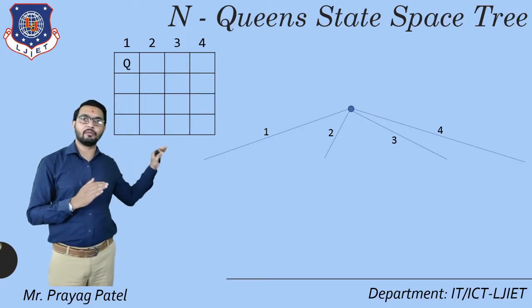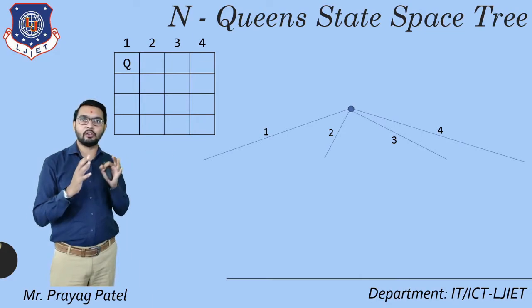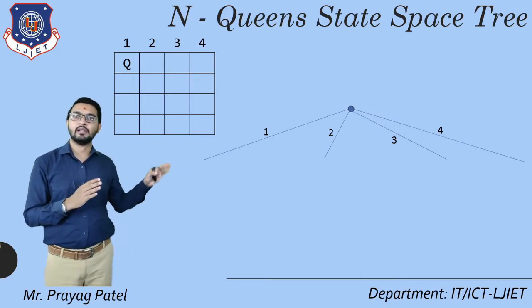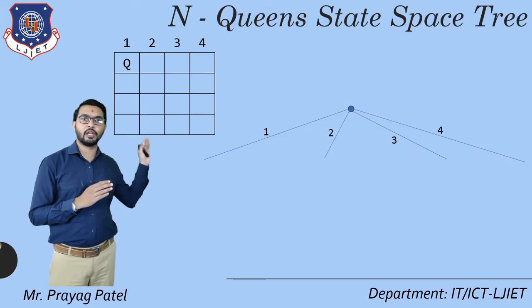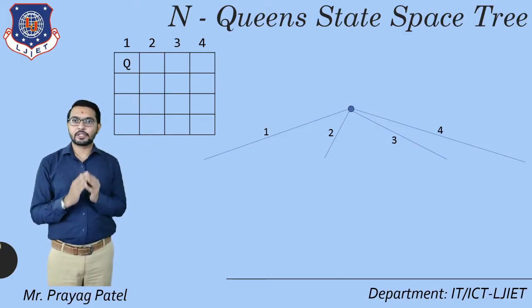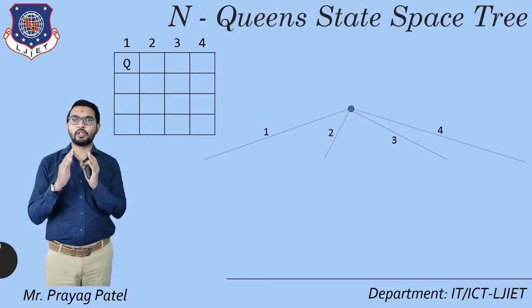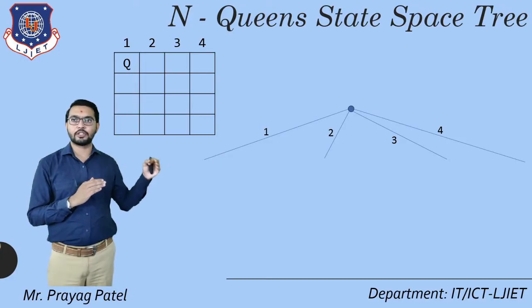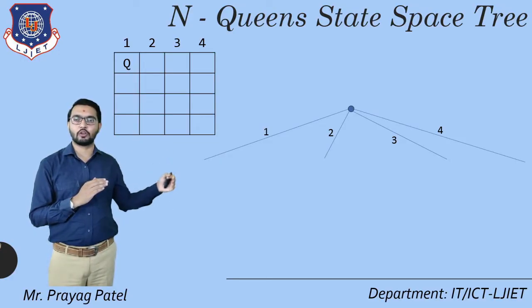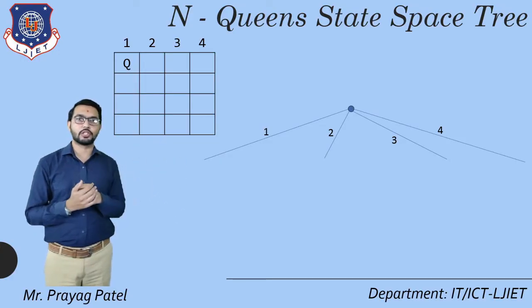Now in this figure, what are your nodes and what are your edges? On the edges we write the numbers 1, 2, 3, 4. It means in the first row, if you want to put the queen at the first position, that is possible. If you want to put the queen in the second position, the second column, that is also possible, the third column possible and the fourth column possible.